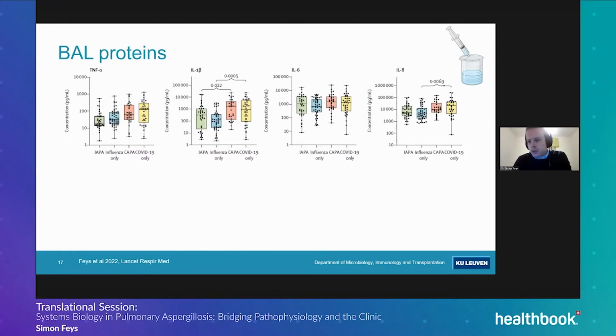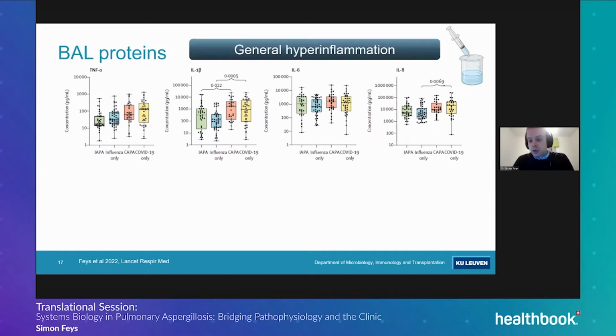When looking at the proteins, we looked at 47 proteins, but I'm only going to discuss the main results here. We found a general hyperinflammation, as expected, with very high levels of pro-inflammatory cytokines, such as TNF-alpha, IL-1 beta, IL-6, or IL-8. But strikingly, these could not discriminate between patients with aspergillosis and those without.